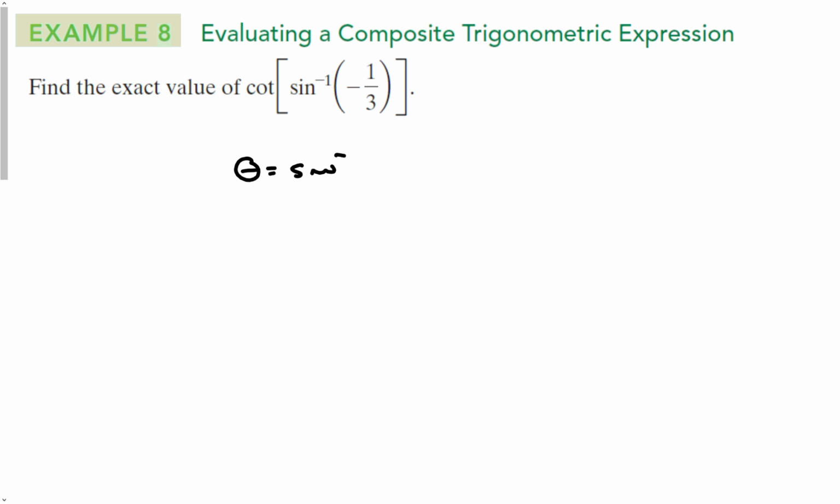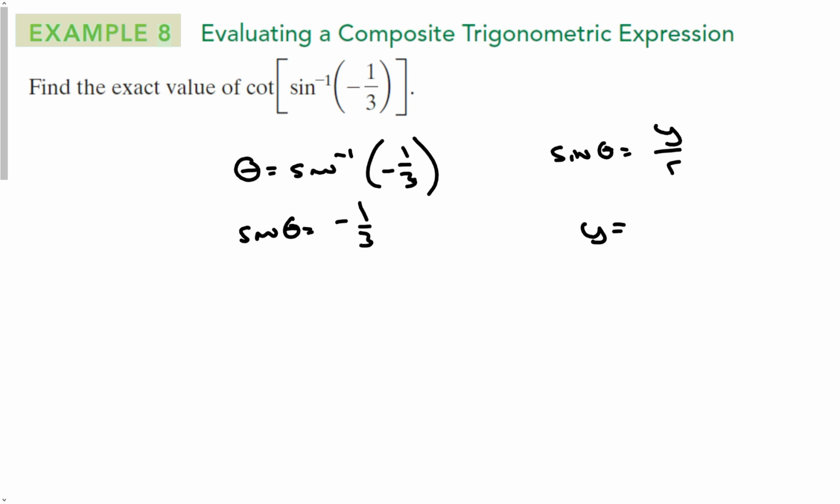This is an angle whose sine is negative 1/3. That means the sine of some angle is negative 1 over 3. So sine of theta is equal to the y-coordinate divided by the radius. So that makes the y-coordinate negative 1 and the radius positive 3, because the radius is never negative. And now all we need is the x-coordinate.